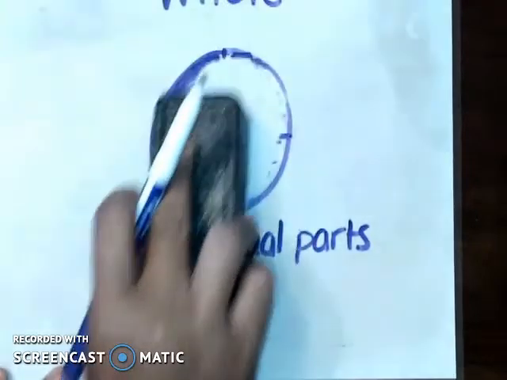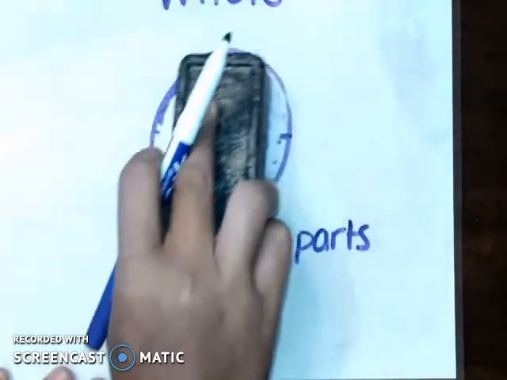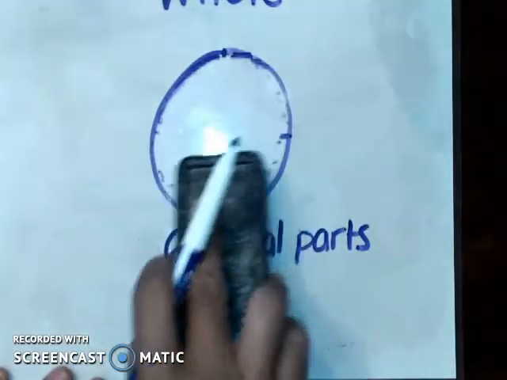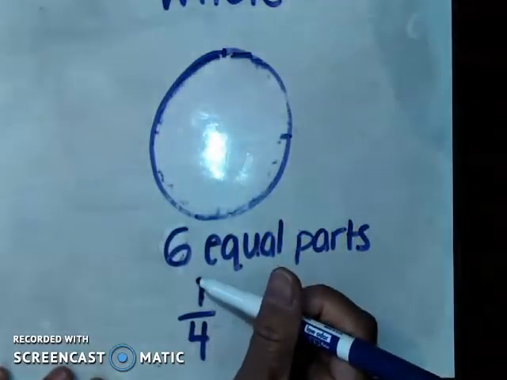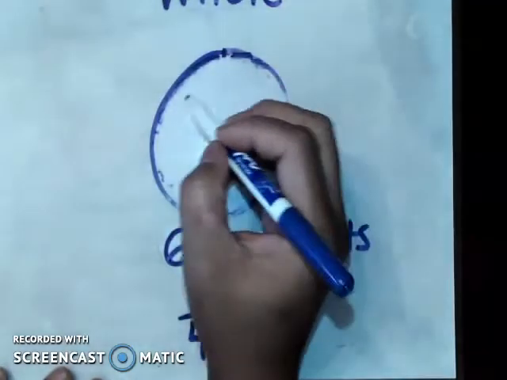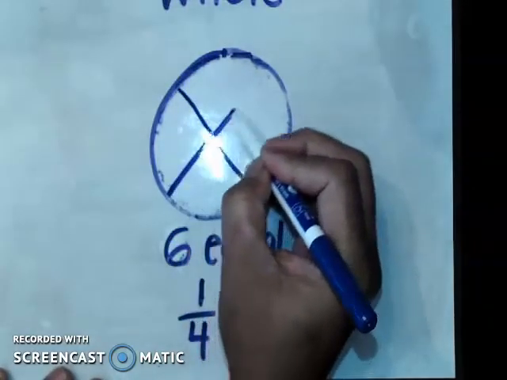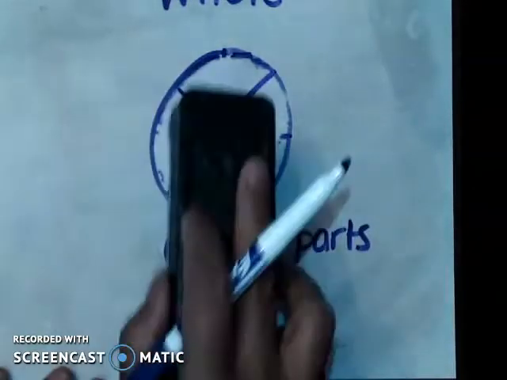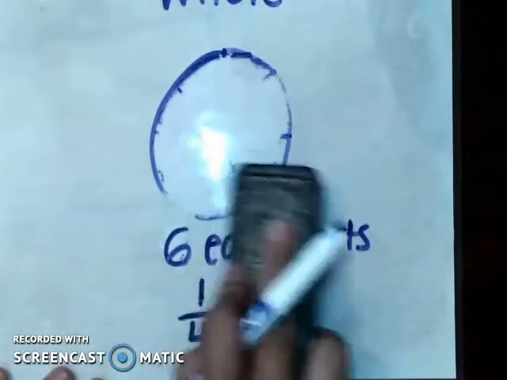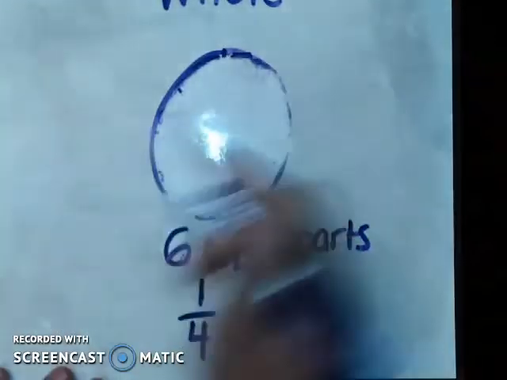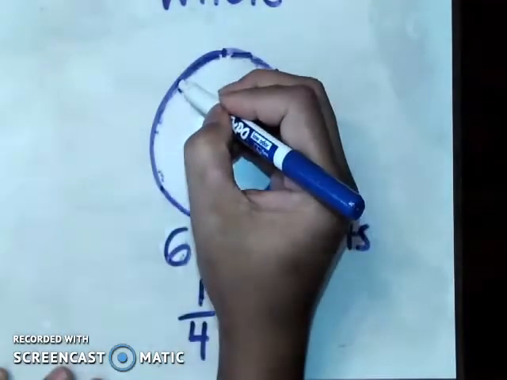Unit fractions is all about the whole looking just like whatever this part says. So if there's 6 equal pieces, well then, my goodness, I'm going to draw 6 equal pieces. And the best way to do this, boys and girls, is to draw an X as equal as possible. So I'm going to erase my inside again because I don't like the way that looks. Let me kind of get my circle here. Okay, let's draw the X again.